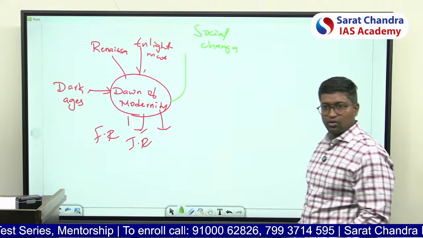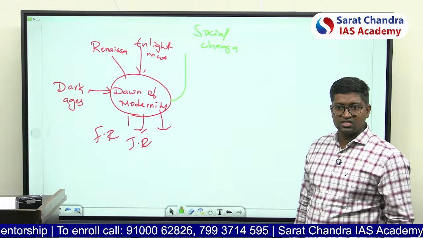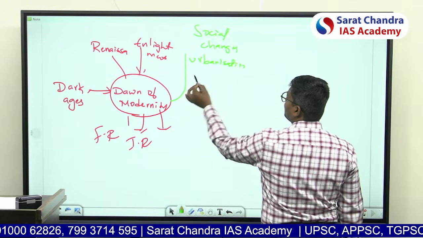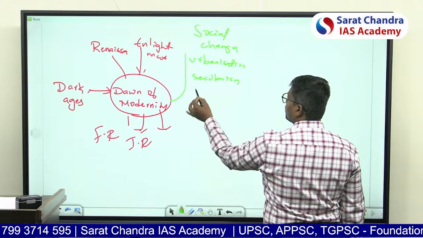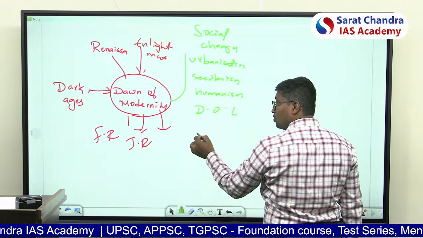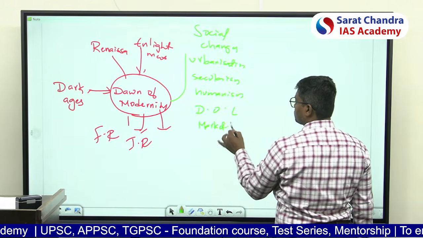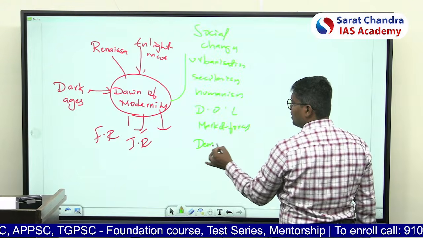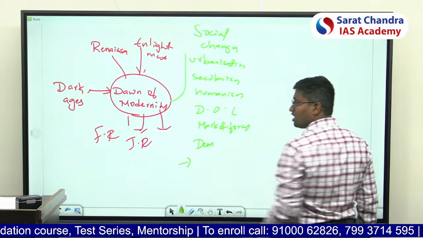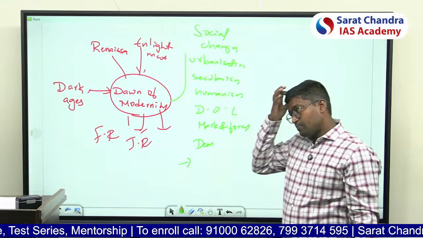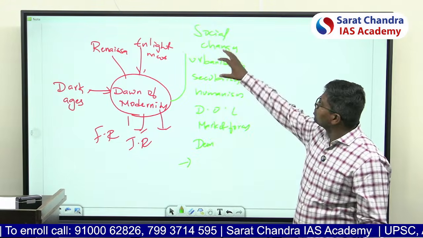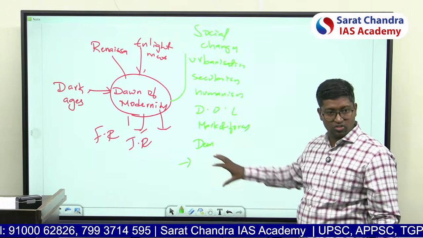What are the social changes we saw? Urbanization, secularism, humanism, division of labor, market forces, democracy, liberty, equality, fraternity. We also see the family undergoing changes. So the entire European society was undergoing changes.